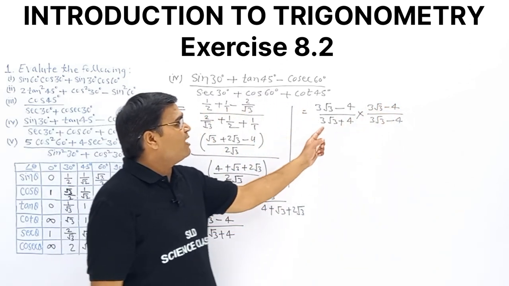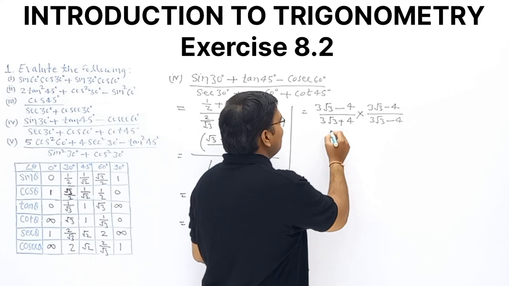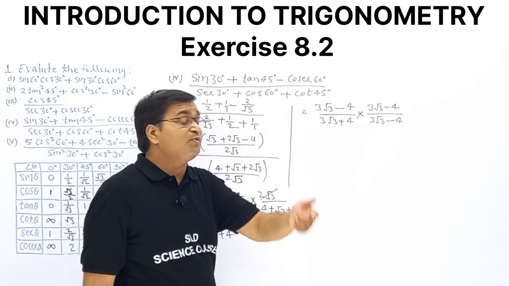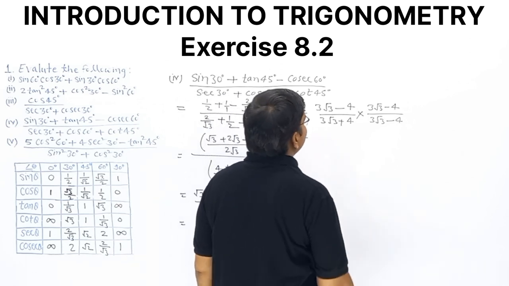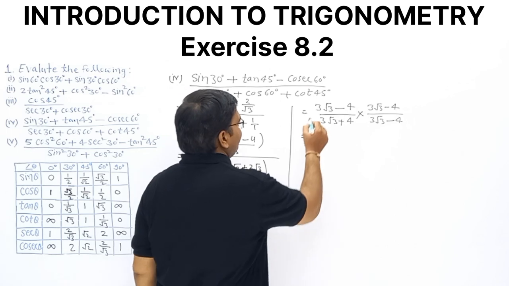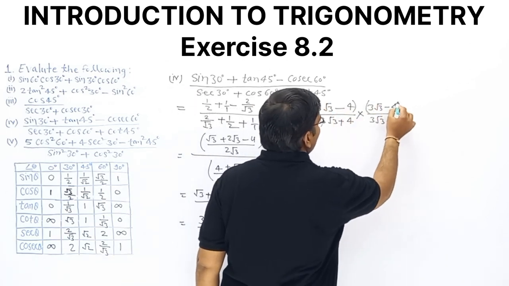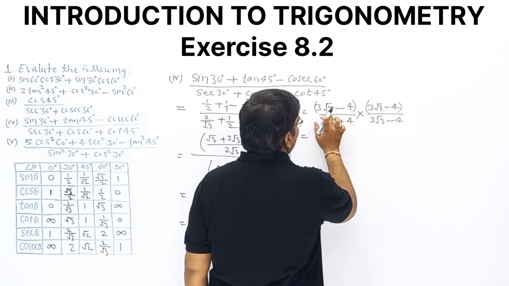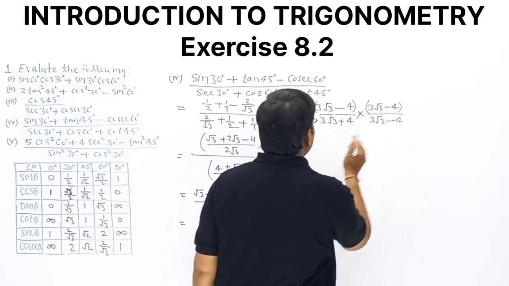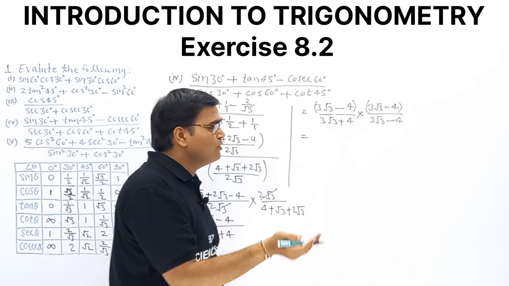Why? Because in this way in the denominator we are getting a plus b into a minus b, which means a square minus b square. Observe, in the numerator what are we having? This one and this one, both are the same now: 3 square root of 3 minus 4, 3 square root of 3 minus 4. A minus b into a minus b, so we can write a minus b whole square.